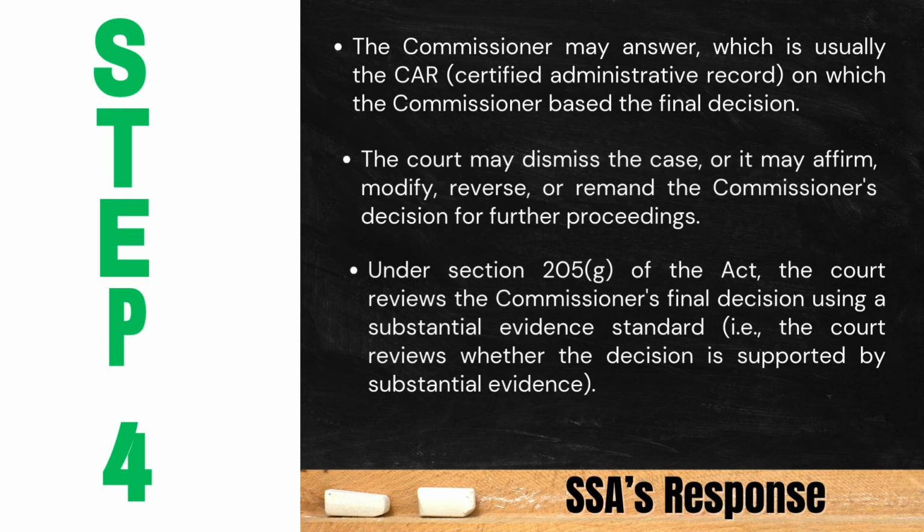And under Section 205(g) of the Act, the court reviews the commissioner's final decision using a substantial evidence standard. For example, the court reviews whether the decision is supported by substantial evidence. And that is critical, because this too takes on the conversation of whether the administrative law judge weighed the evidence.